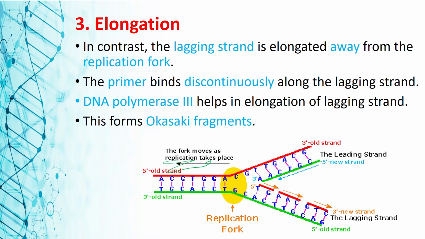So I will show you in another color. Here you can see the leading strand is forming towards the replication fork, whereas the lagging strand is formed away from the replication fork.